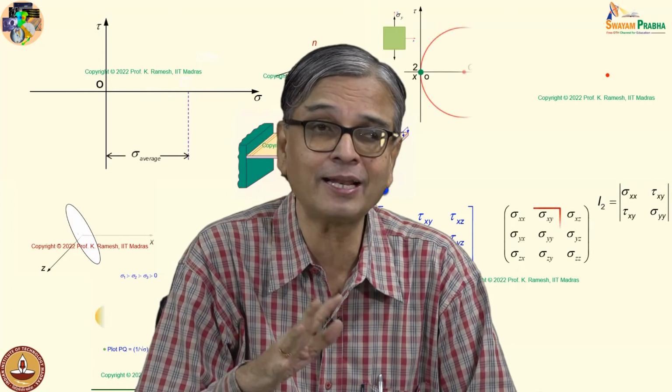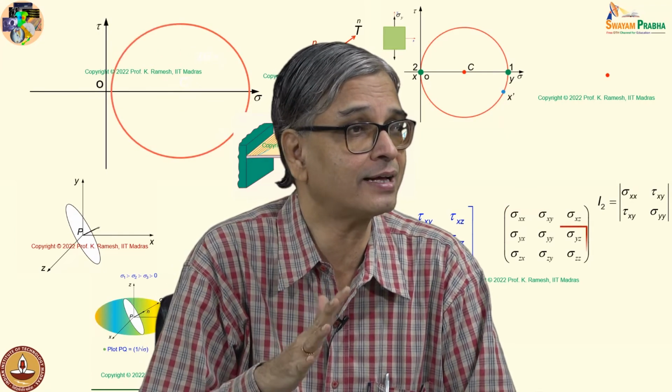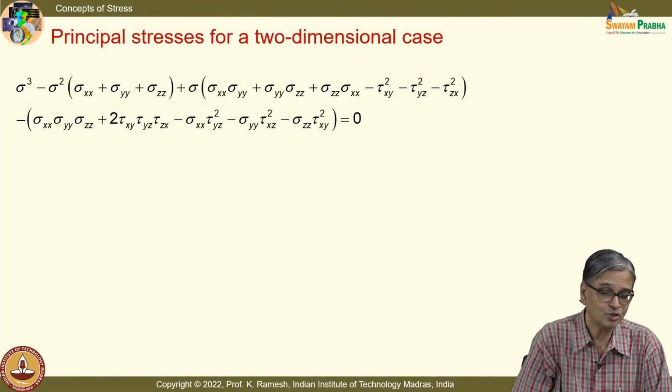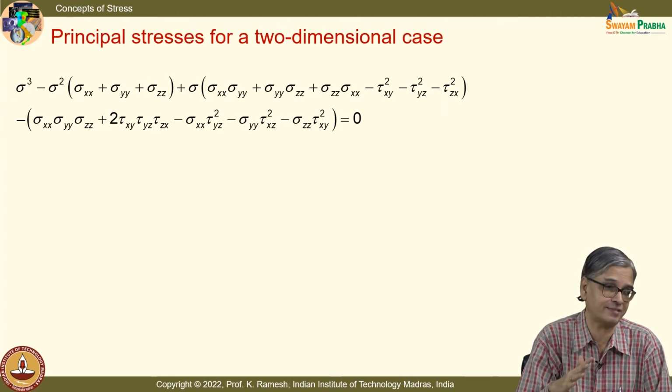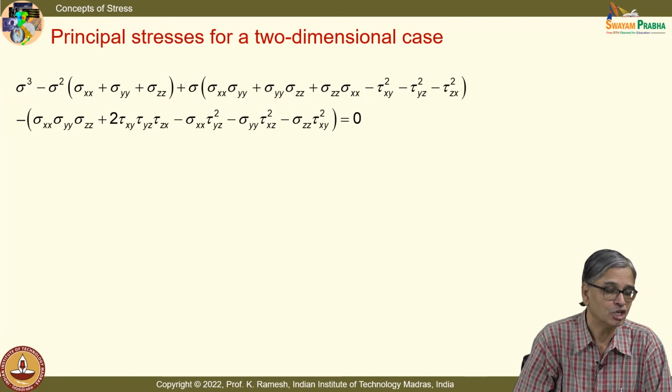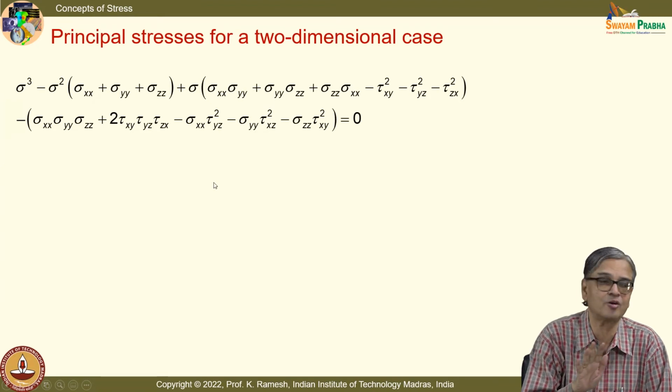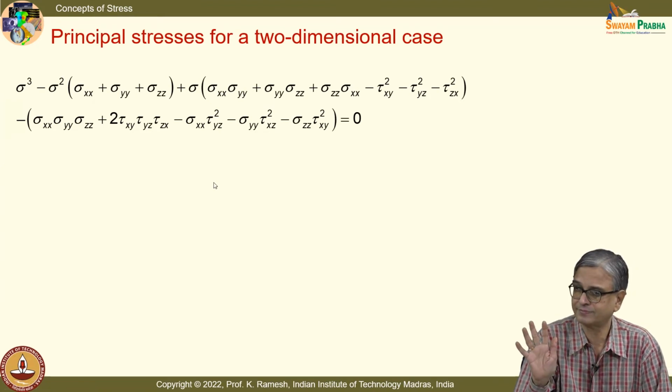Only then is my graphical approach correct and my mathematical approach also correct. So, you have to give credit to the pioneers that they have verified the development in multiple different ways. When I say 2 dimensions, only sigma x, sigma y and tau xy exist; all other stress components with z are 0.